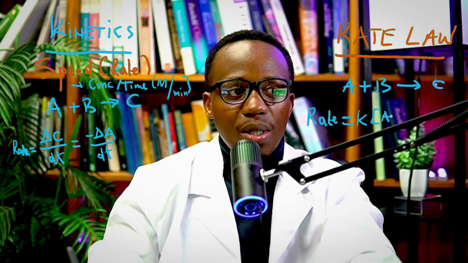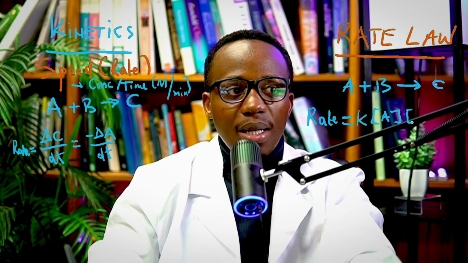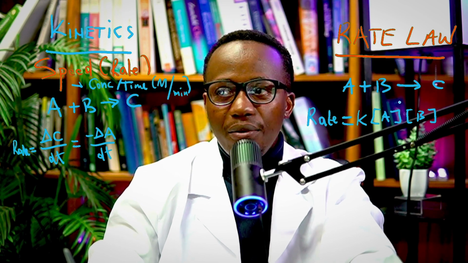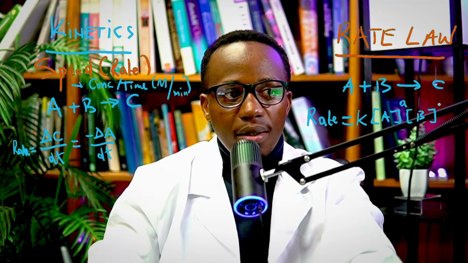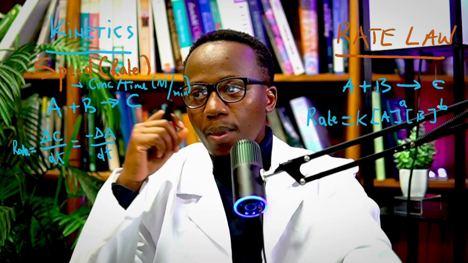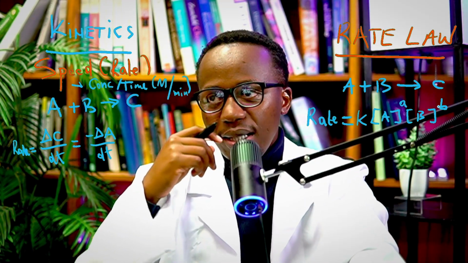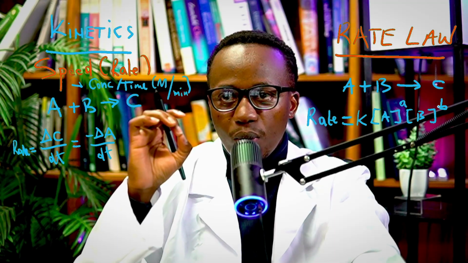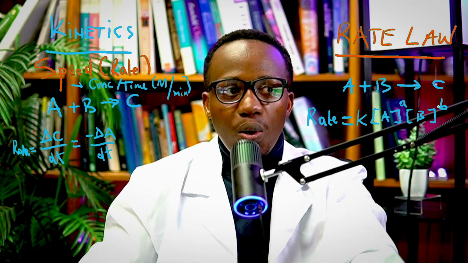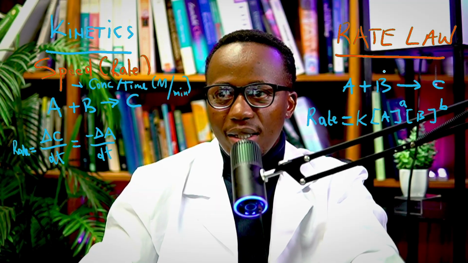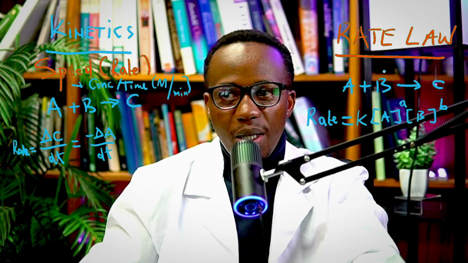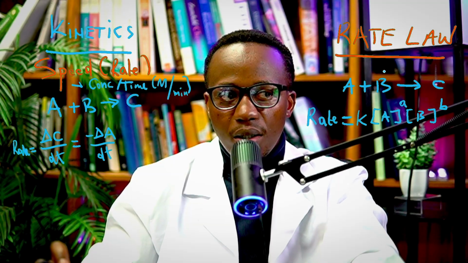So it's K, which is a constant, times the concentration of A times the concentration of B, right? And these will also have numbers at the top, so we can give them a and b. This is the rate law for this equation. And we need to be able to know how to do that.